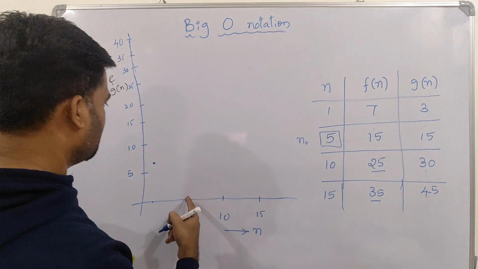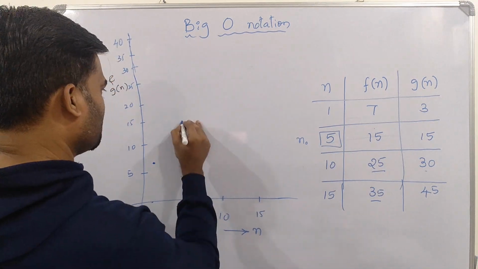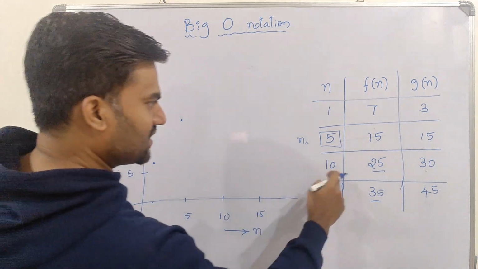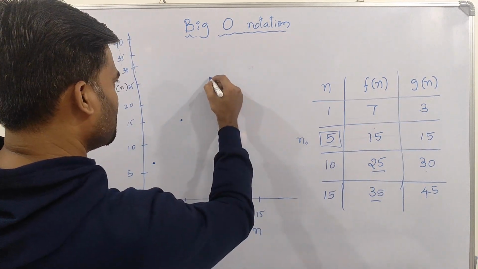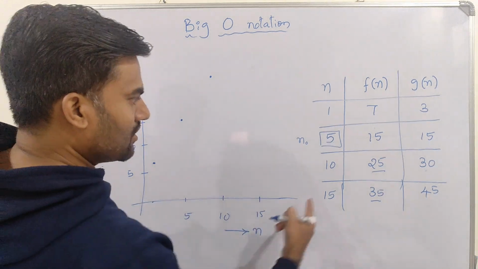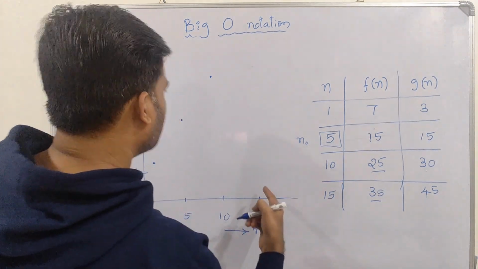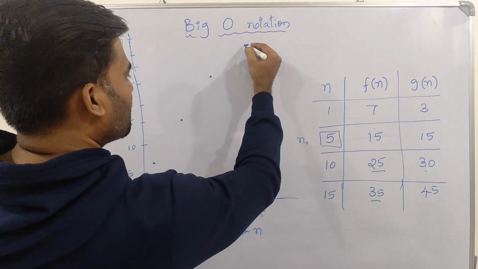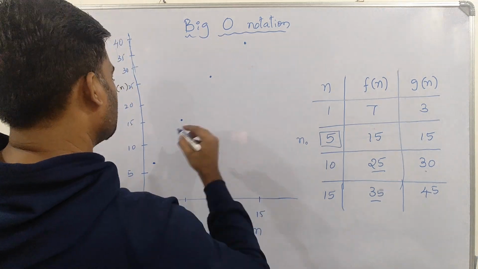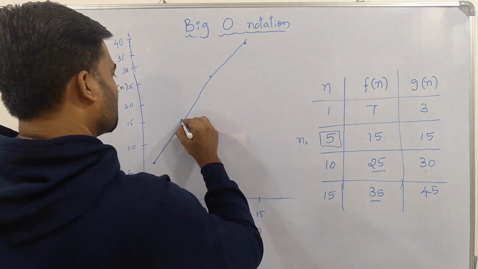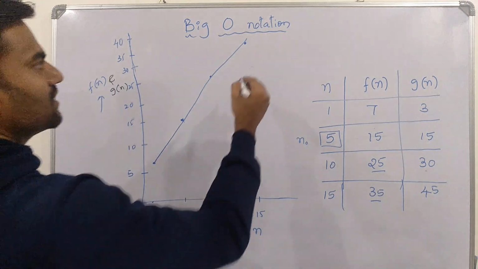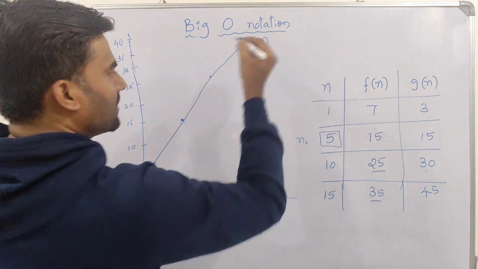When it is 5, it is 15. When it is 10, it is 25. When it is 15, it is 35. So it comes somewhere here. This is our function f of n.